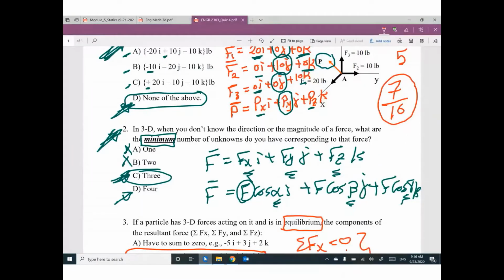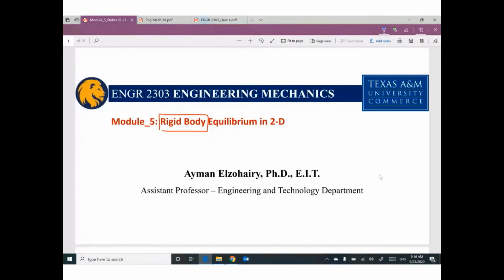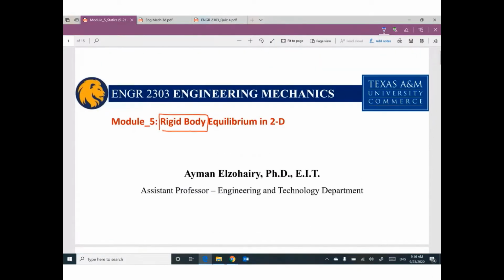Let's start our topic today. Last meeting, I talked about a rigid body in equilibrium. And this rigid body in 2D. That means you are talking about X and Y only. Everything in the plane of the screen.